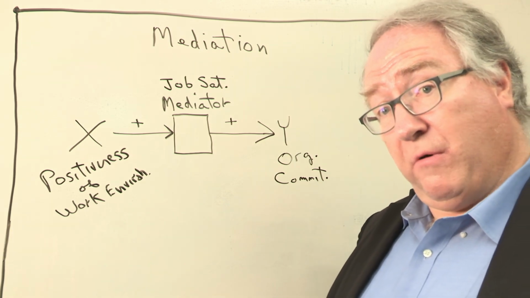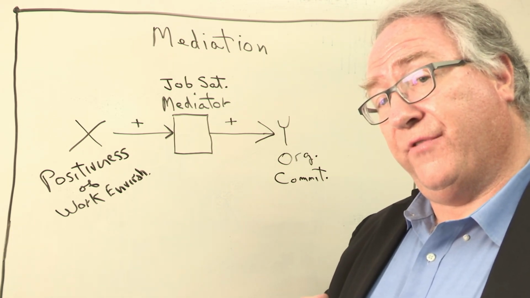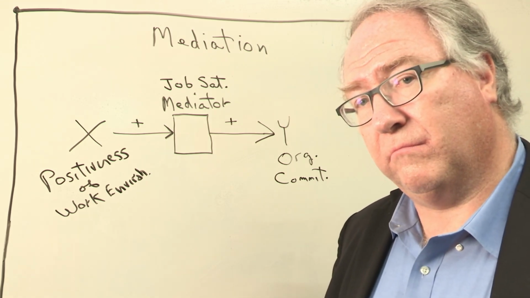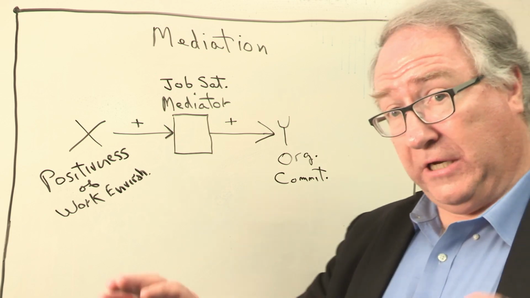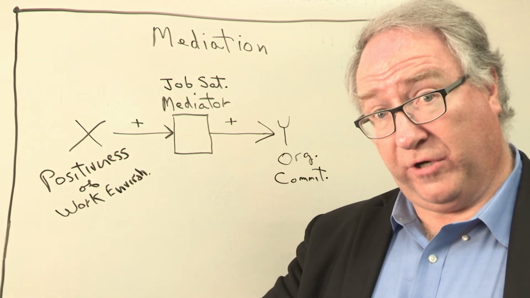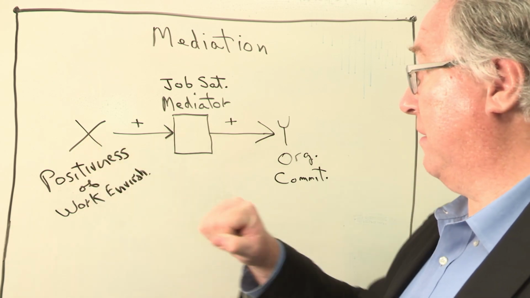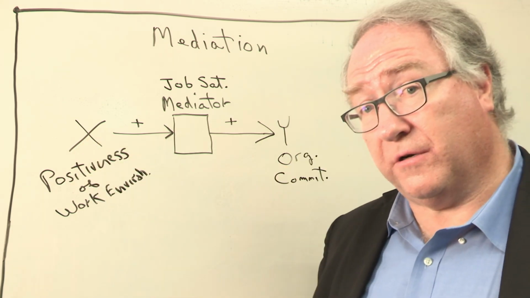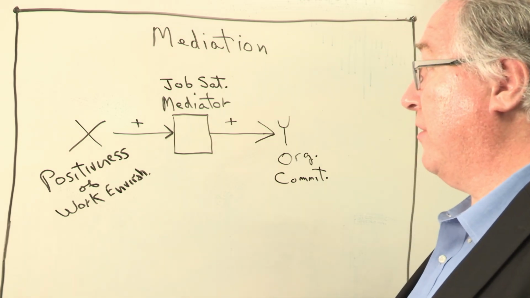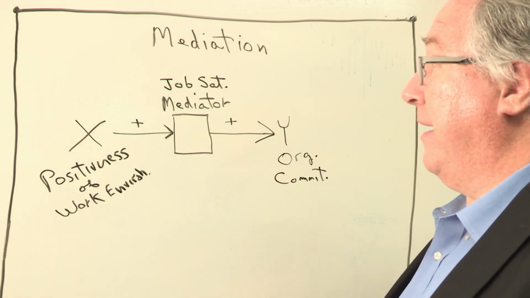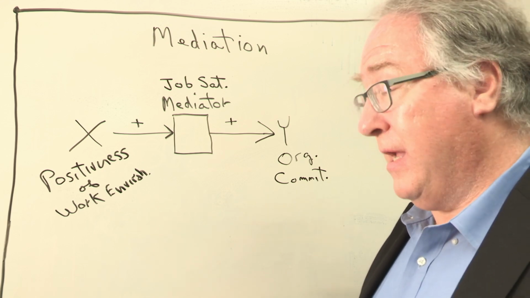And you'll notice that what we have here is a test of the how. How does this effect of X on Y occur? Does it occur as a direct effect, or as an indirect effect, the presence of significant mediation?